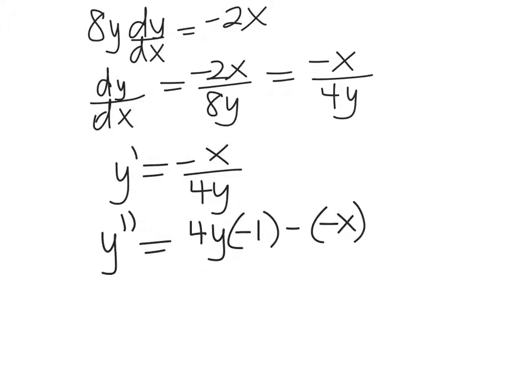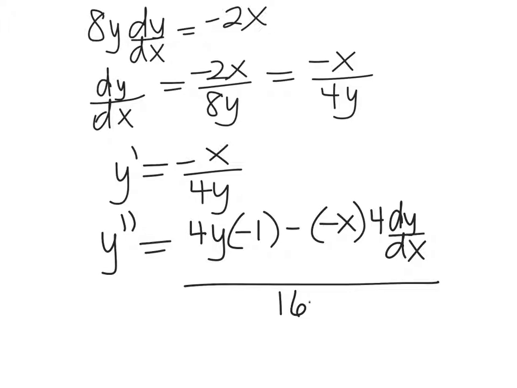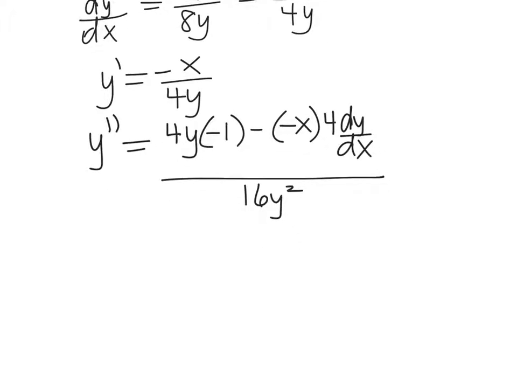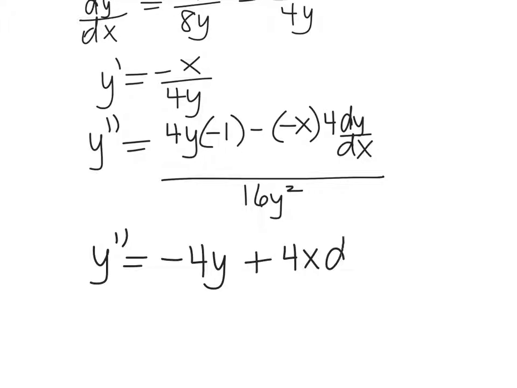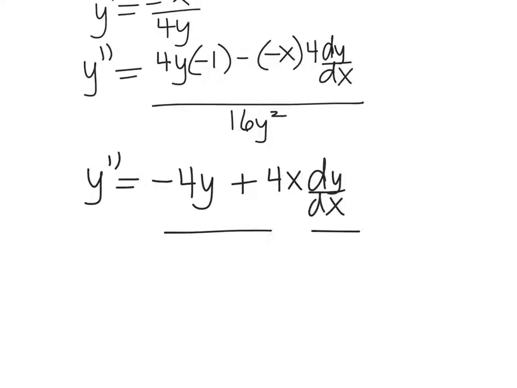What's the derivative of 4y? 4 dy dx, over the square of what's below. We'll just write 16y squared. You can write the whole thing squared if you want to. All right, now let's clean this up a bit. So y double prime equals negative 4y plus, negative times a negative, 4x dy dx, all over 16y squared.